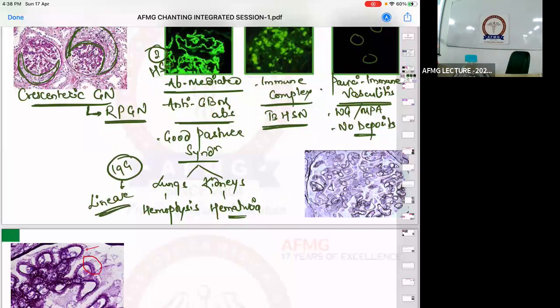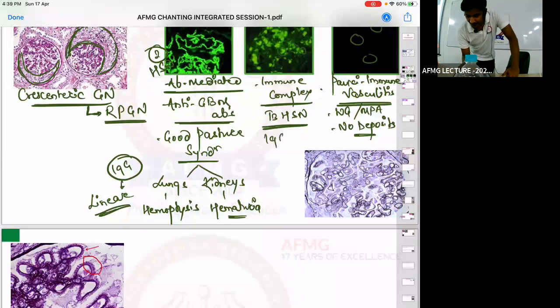IgG deposits in Goodpasture syndrome are linear. In all other glomerular diseases we have granular deposits, except Goodpasture, and therefore they are also termed ribbon-like deposits. No issues with this. Moving further, in type 2 RPGN, which type of deposits are seen?